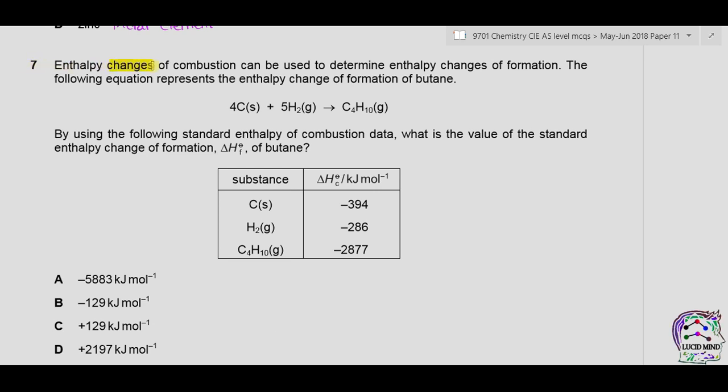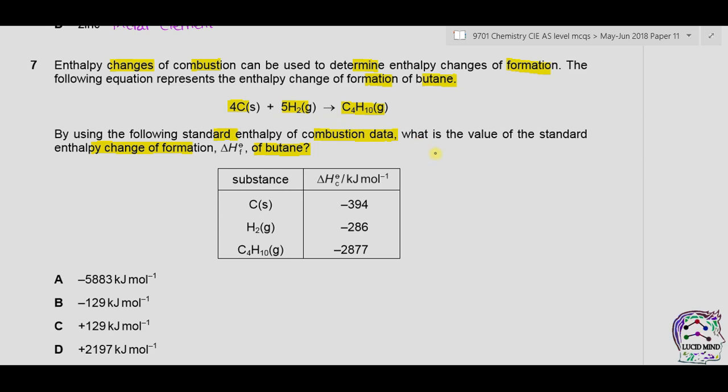Question 7. Enthalpy changes of combustion can be used to determine enthalpy changes of formation. The following equation represents the enthalpy change of formation of butane. 4 moles of carbon reacts with 5 moles of hydrogen to form 1 mole of butane, which is gas. By using the following standard enthalpy of combustion data, what is the value of standard enthalpy change of formation of butane?